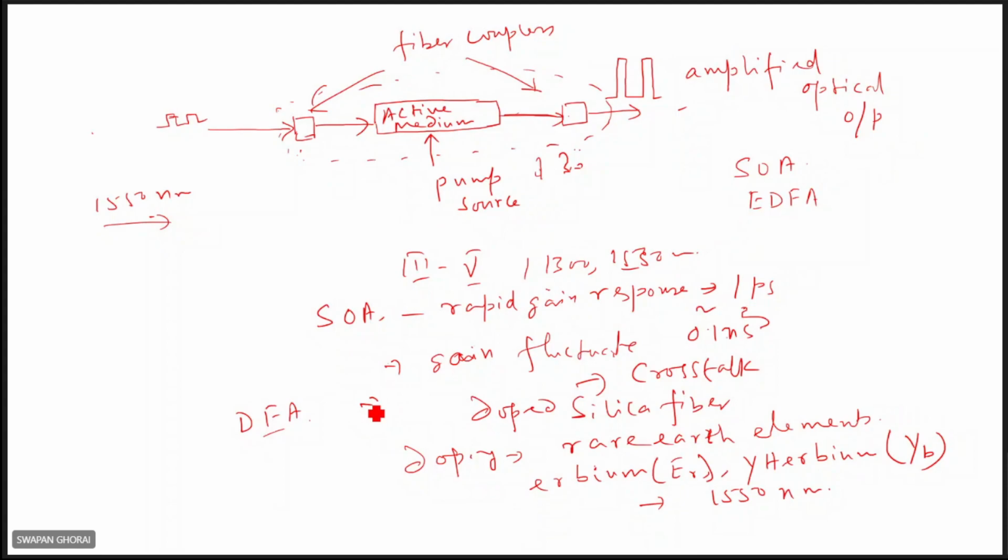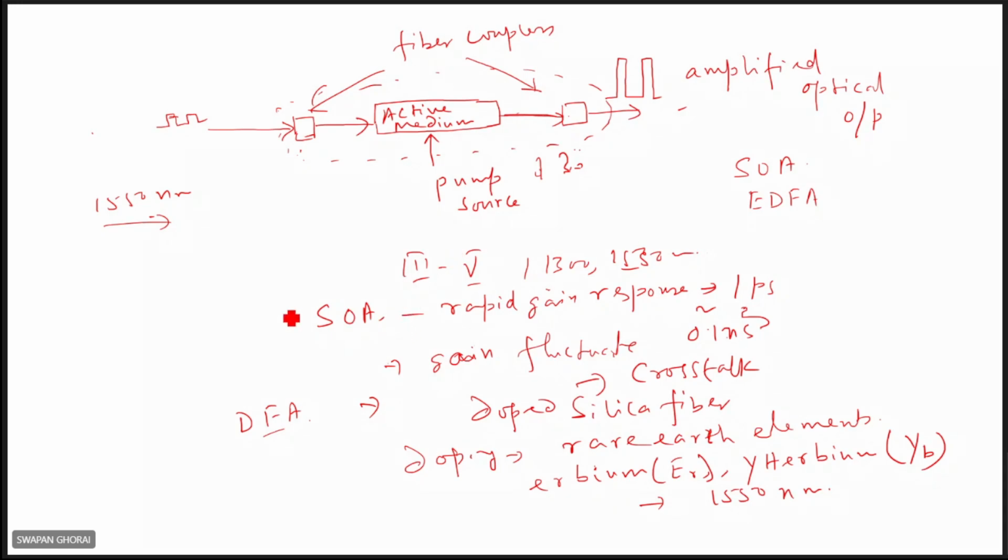Crosstalk will be there for multi-channel systems with broad spectrum wavelengths. That is the drawback of these semiconductor optical amplifiers. Though the rapid gain response is an advantage, the disadvantage is that the gain can fluctuate, and there can also be crosstalk in multi-wavelength operations.